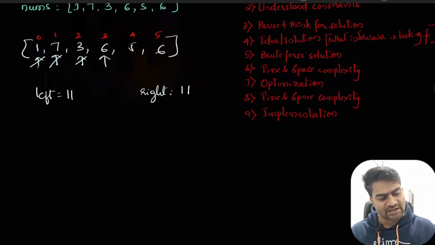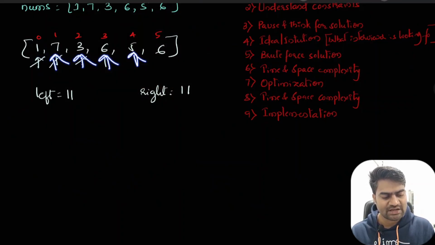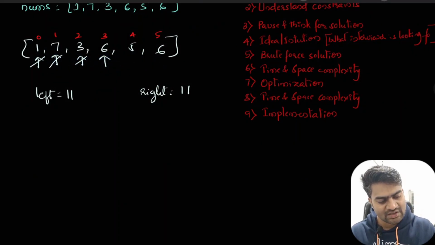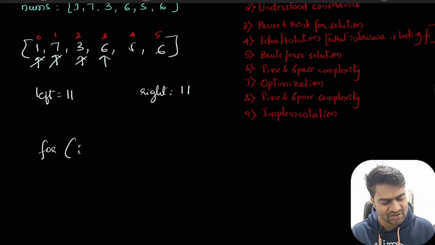So for writing the pseudocode, what we did, we took one array which iterates over each number, right? So I will take it as the first loop: for i equal to 0 till n minus 1.